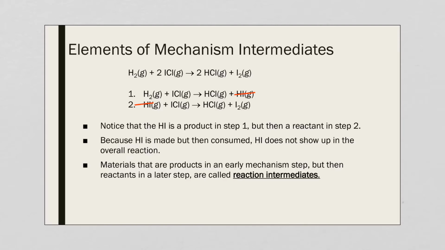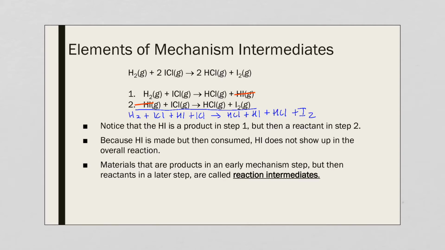If we just illustrate that quickly with this example, if I group all of my reactants here, I have H2 plus ICl plus HI plus ICl, and I group all of my products, I have HCl plus HI plus HCl plus I2.